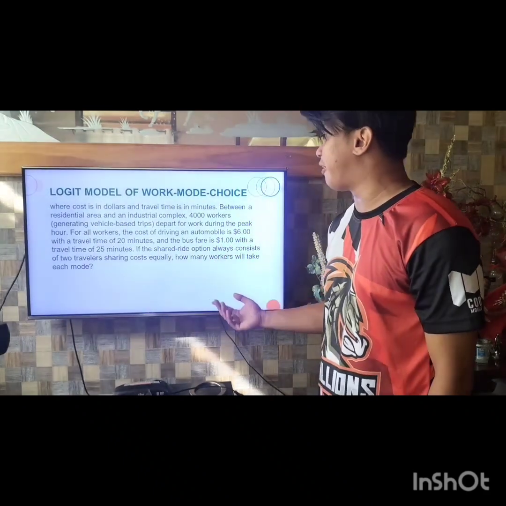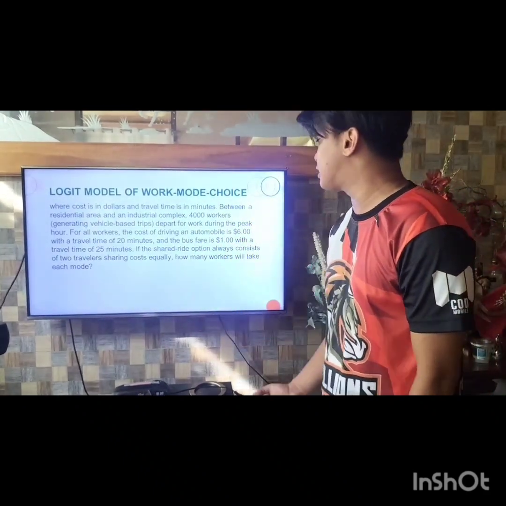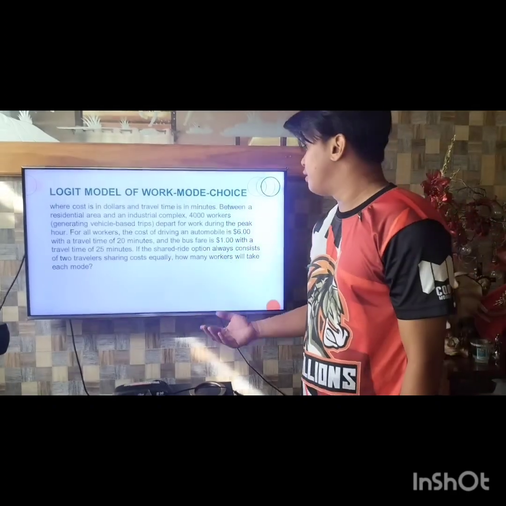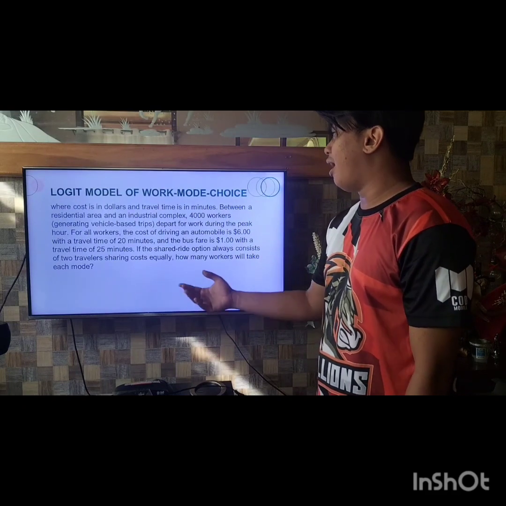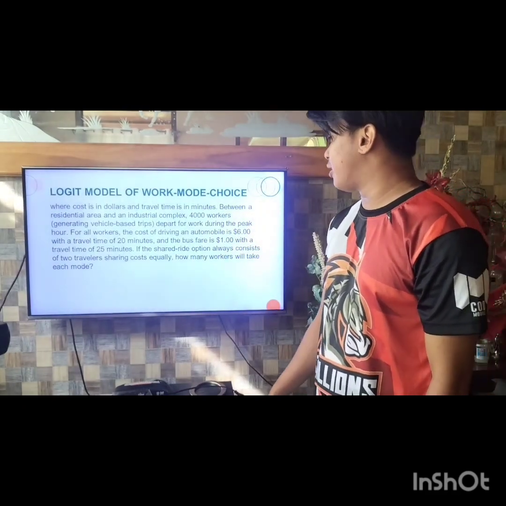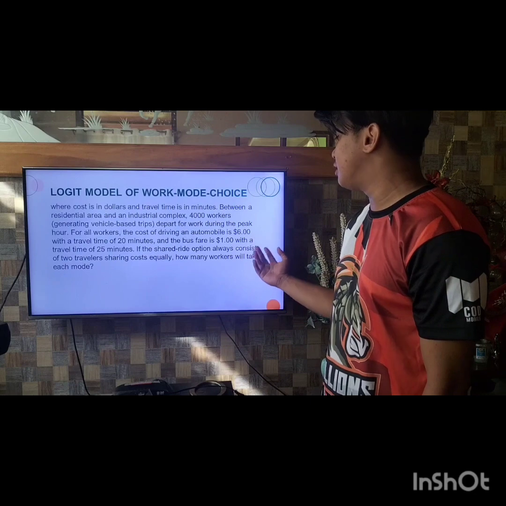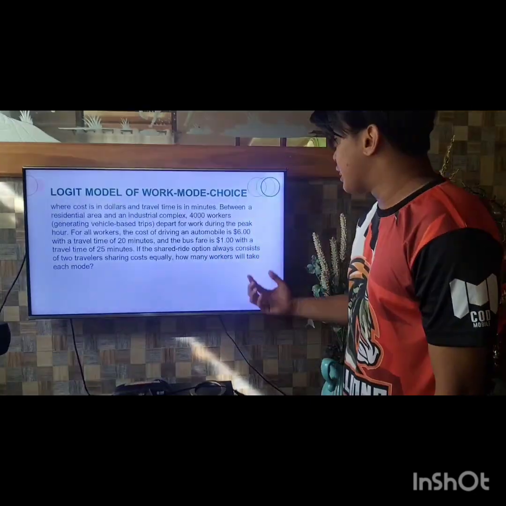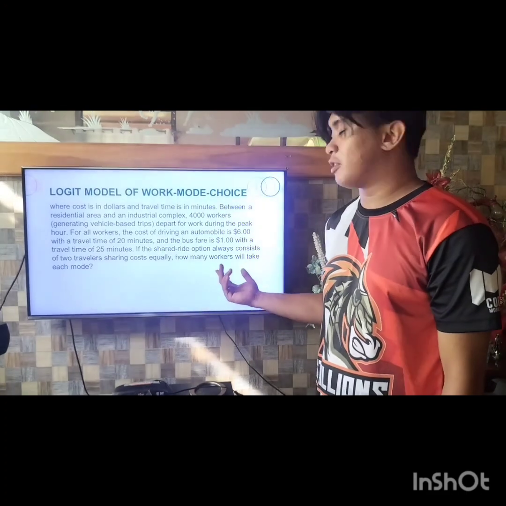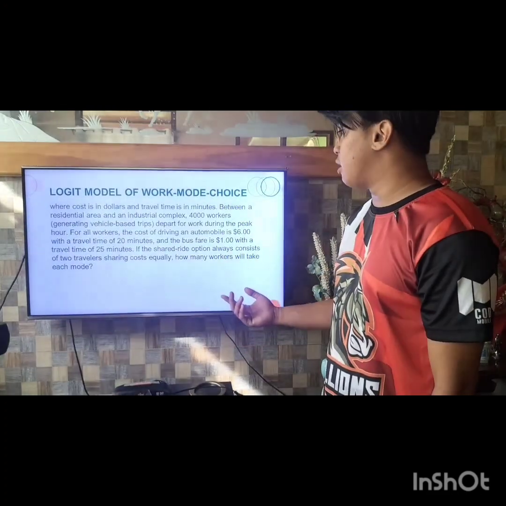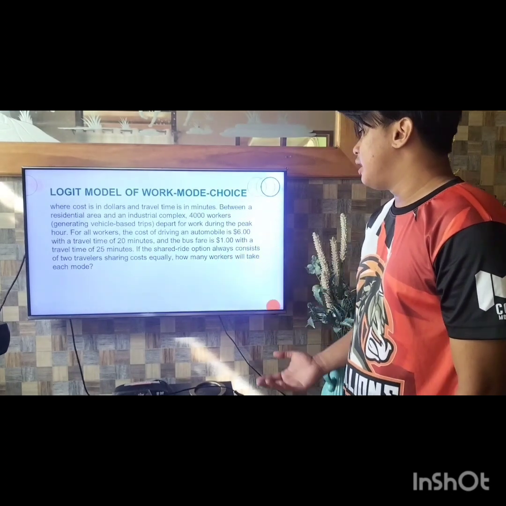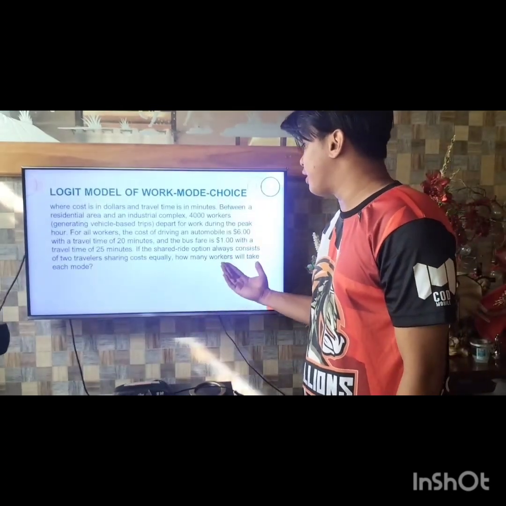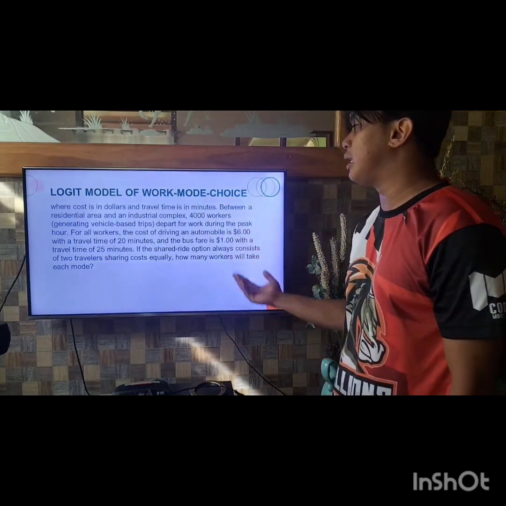Between a residential area and an industrial complex, 4,000 workers generate vehicle-based trips departing during the peak hour. The cost of driving an automobile is $6 with a travel time of 20 minutes, and the bus fare is $1 with a travel time of 25 minutes. If the shared ride option always consists of two travelers sharing costs equally, how many workers will use each mode?